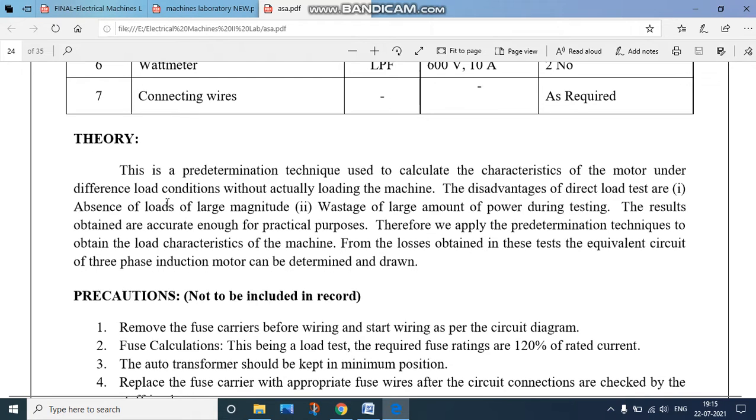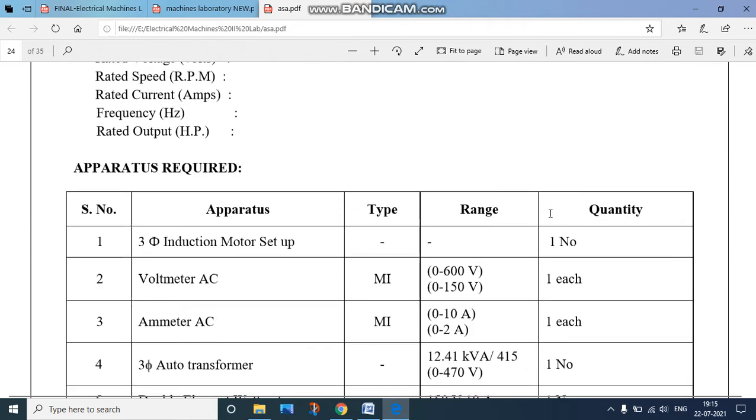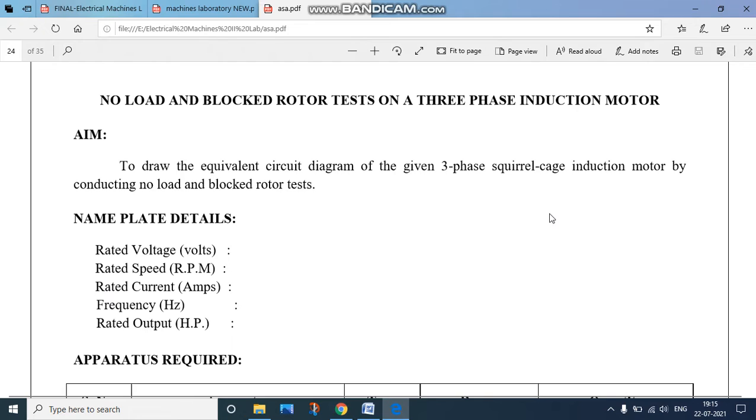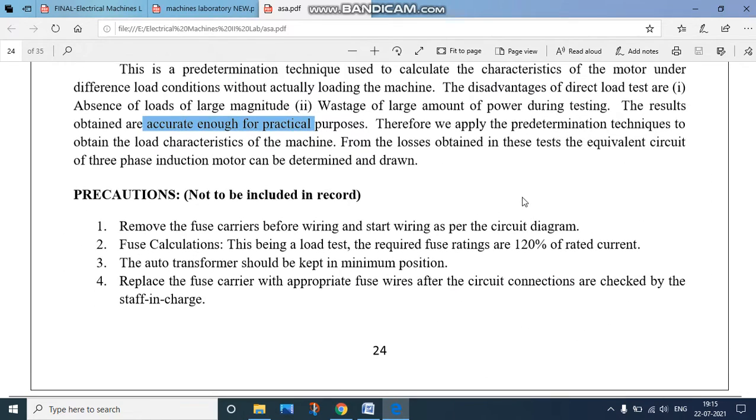These are all the disadvantages, and the result is also accurate enough, so we can use this no load and block rotor test. Then we can apply the predetermination techniques, and from the losses obtained in this test the equivalent circuit can also be drawn.